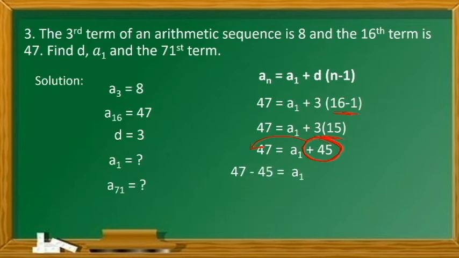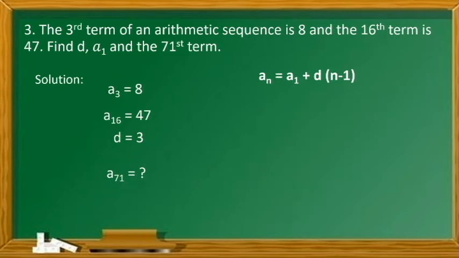Then we will have now 47 minus 45. So the positive sign of 45 becomes negative since we transpose 45. So we have now 2 is equal to a sub 1, or our first term is equal to 2.